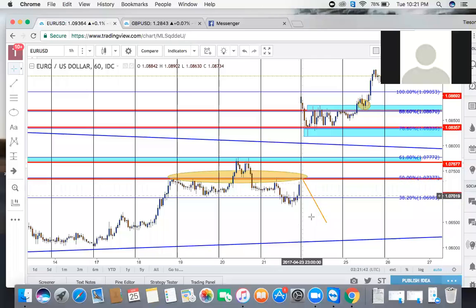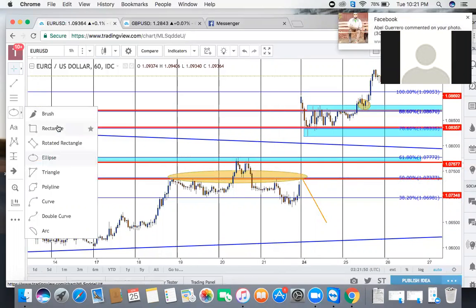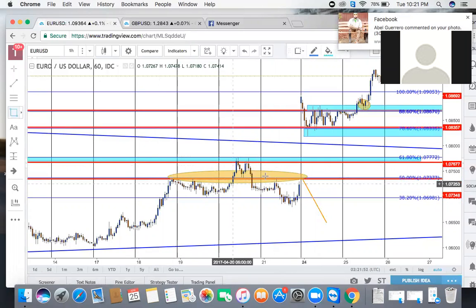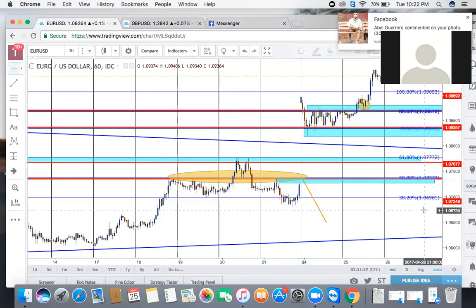So I'm definitely looking for some downside movement if it comes up and tests this. Or I see a zone right here because of a wick, and price is being rejected right now at that zone.